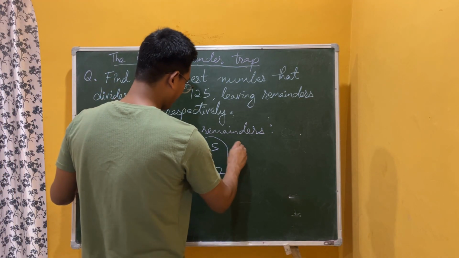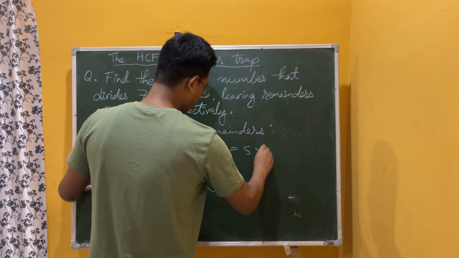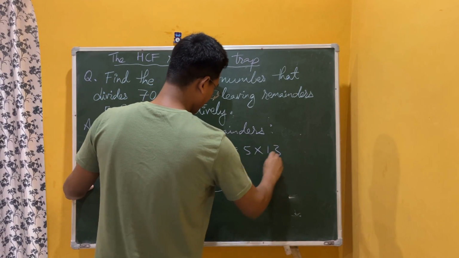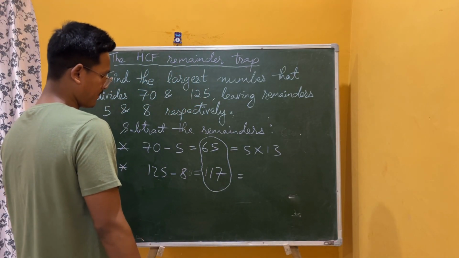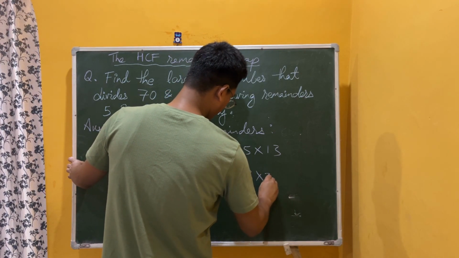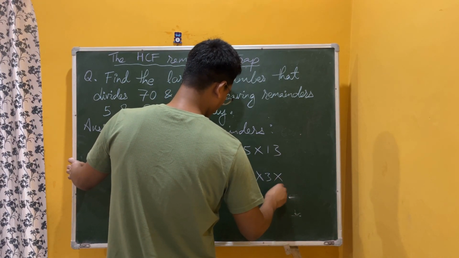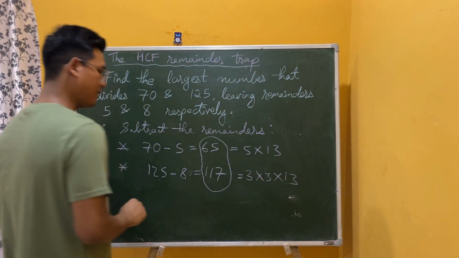So 65 can be written as 5 into 13 is 65, and 117 is 3 into 3 into 13. All right.